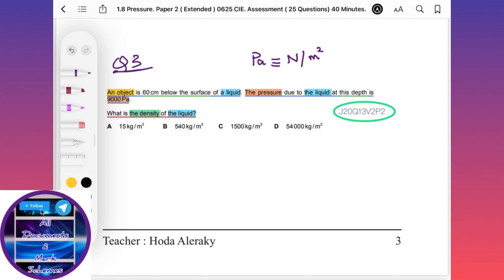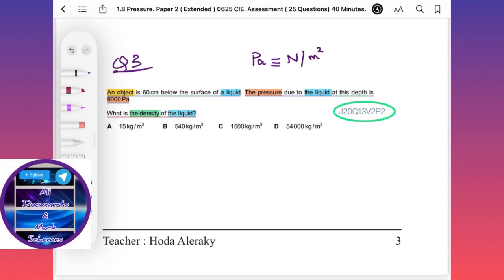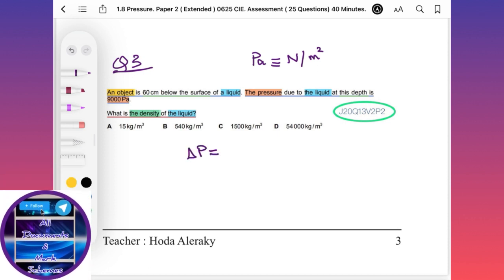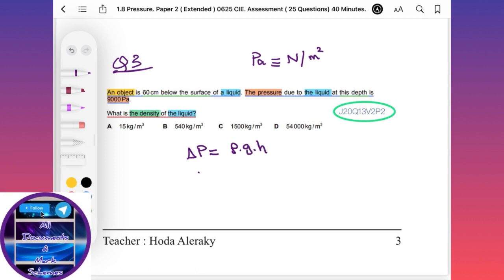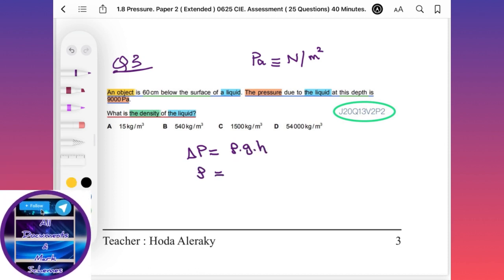So when you substitute here, you have the equation, the pressure difference is equal to rho g h. So density is unknown.